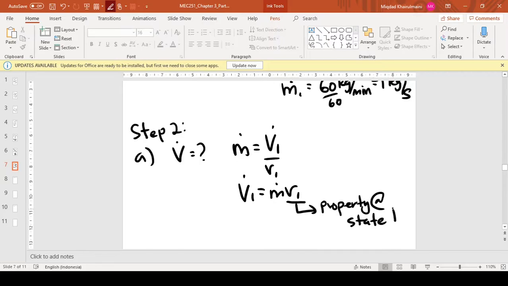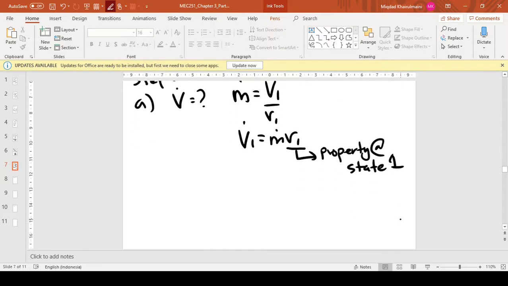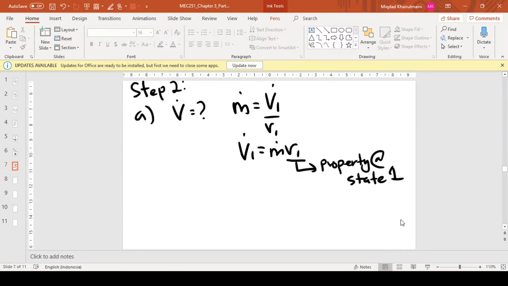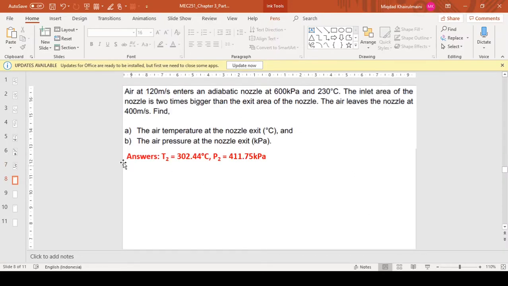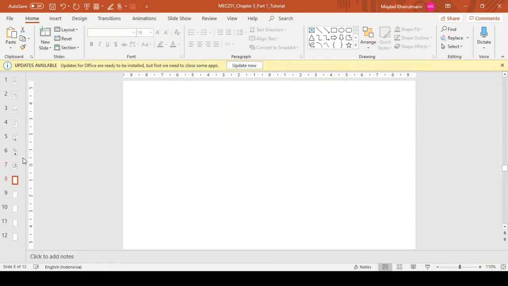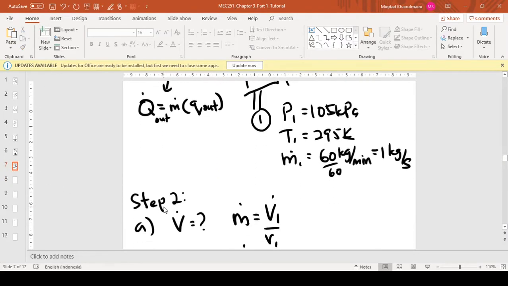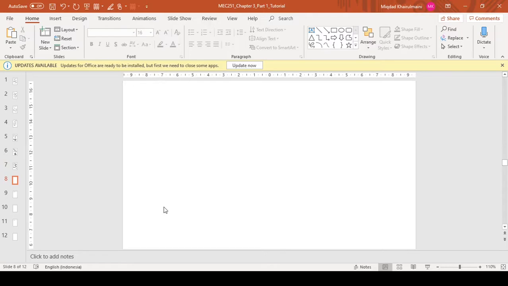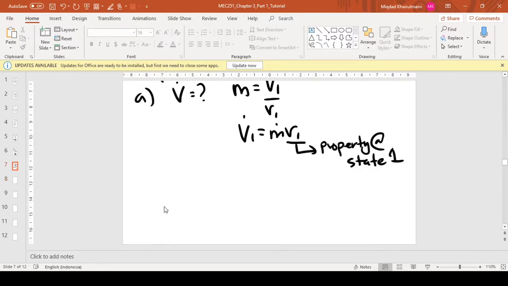Next is the work input to the compressor.